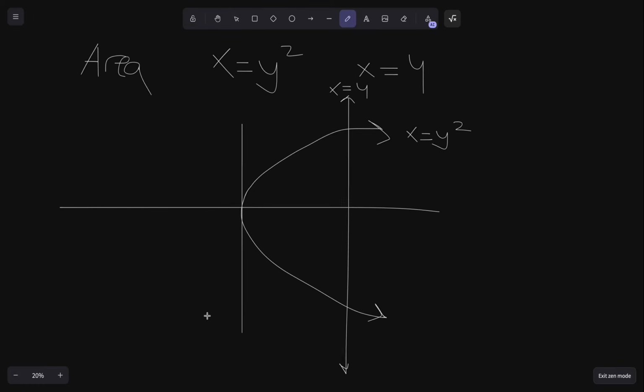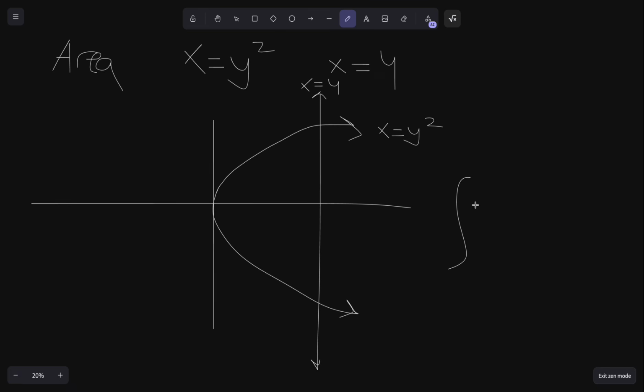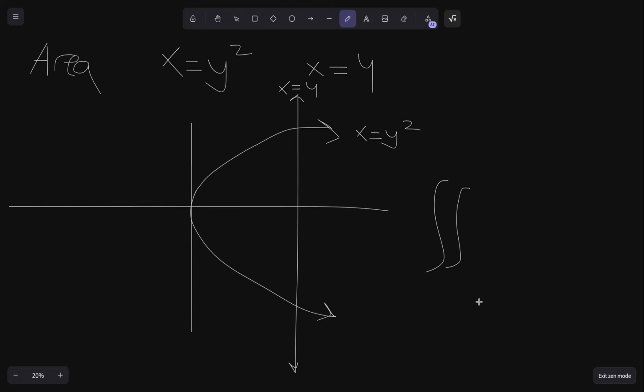Now, which integral do we use? We know that we're going to have a double integral, but are we going to do this with respect to x first and then y, or y first and then with respect to x? Well, let's take a look. Let's say that we look at a specific y value and we trace across. You always see that our lower bound is our parabola, x is equal to y squared, and the upper bound is x is equal to 4.